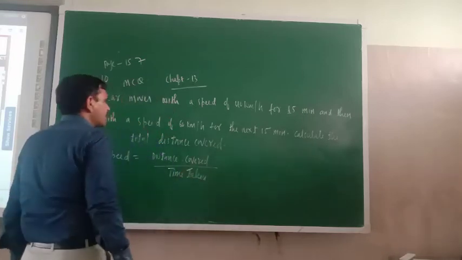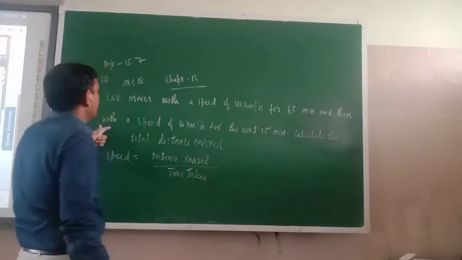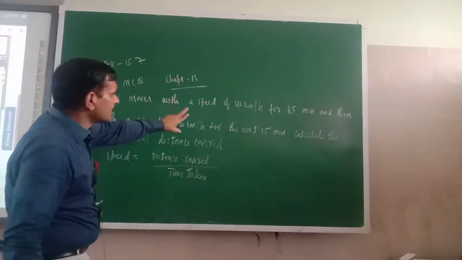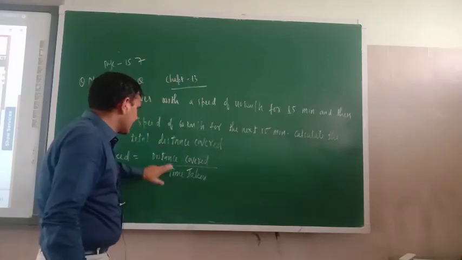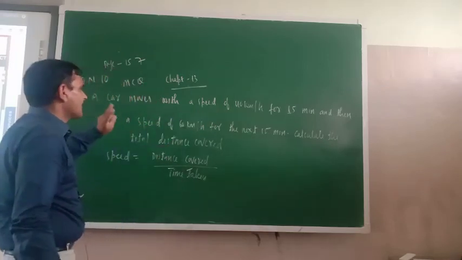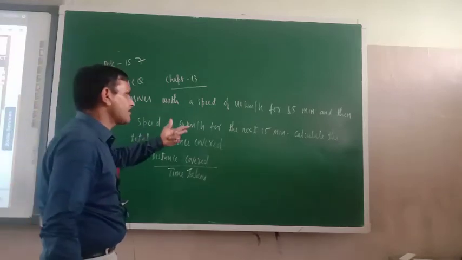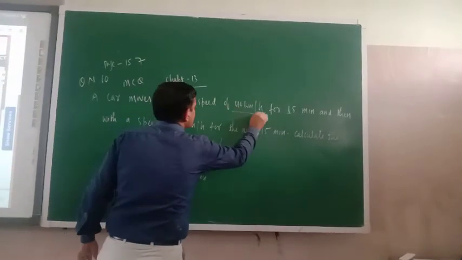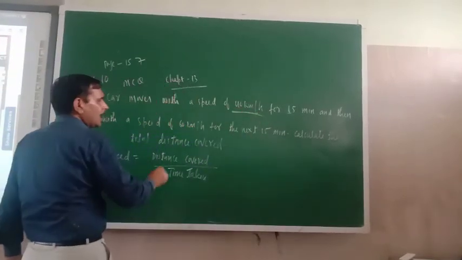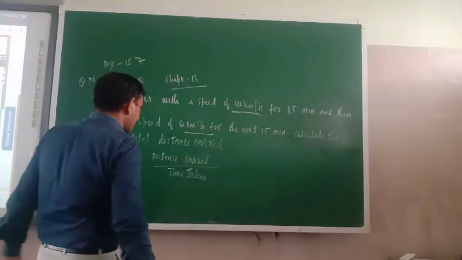So distance covered equals, what is there, you have to calculate here. A car, what is given, speed is given, time is given, distance covered you have to calculate, but for two different speeds, 40 kilometer and here 60 kilometer per hour. So just try to understand.